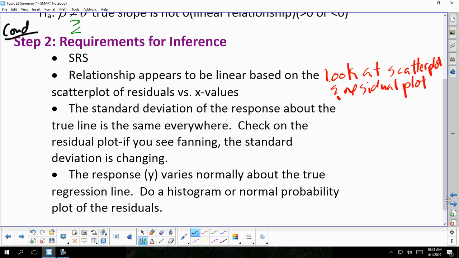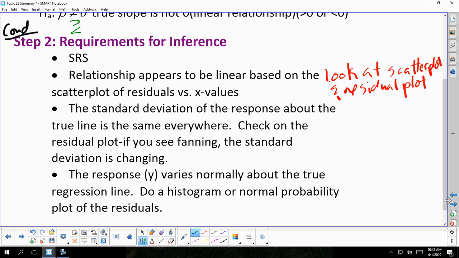Second, the relationship appears to be linear based on the scatter plot of residuals versus x values. We want to look at not only the regular scatter plot, we want to look at our residual plots just like we were looking at before. Usually on the AP test, they'll give you these plots. They don't expect you to produce an extensive residual plot.